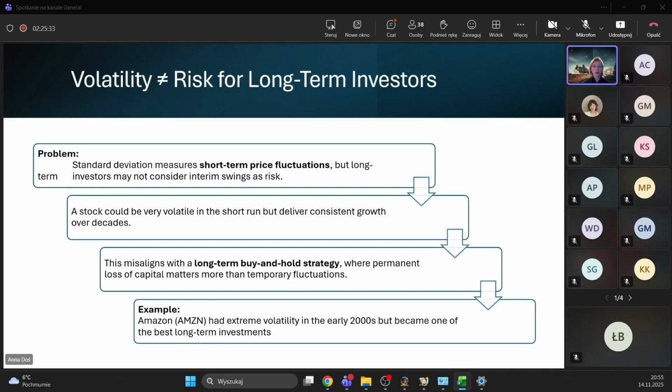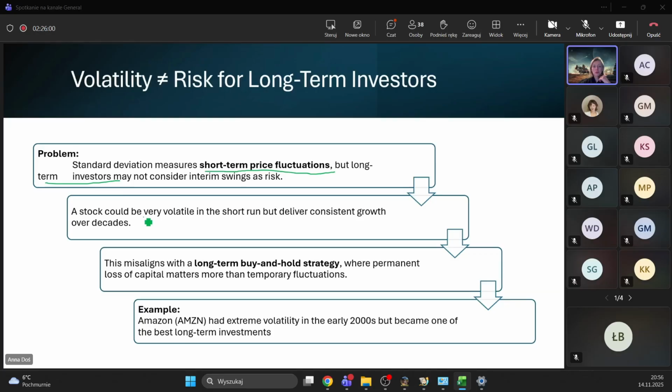Okay. So another problem is that for some investors, the volatility is important, while for other investors it's not that important. Standard deviation measures short-term price fluctuation. However, long-term investors may simply neglect it. It can be not important for this.